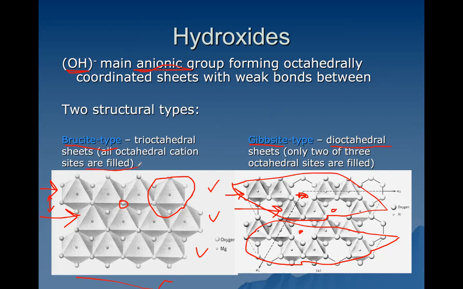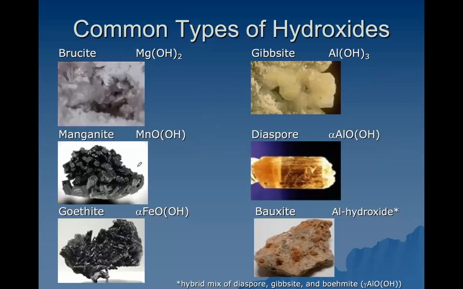So these are the types of hydroxides which form as octahedral types, brucite type and gibbsite type. There are many hydroxides, but some common types of hydroxides are brucite.